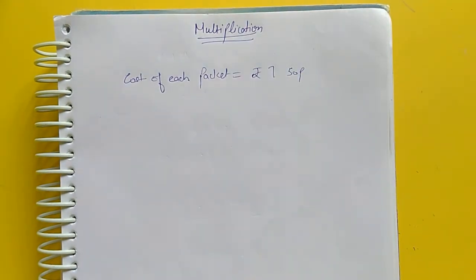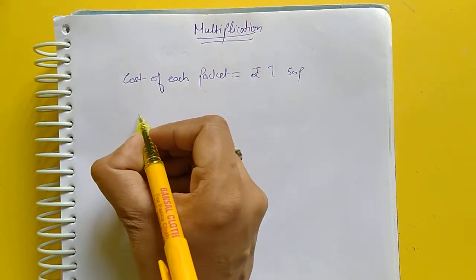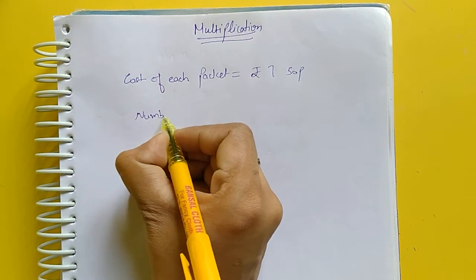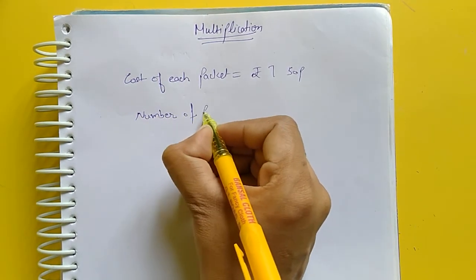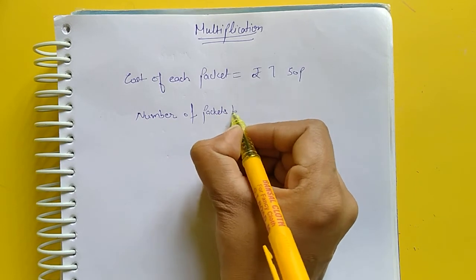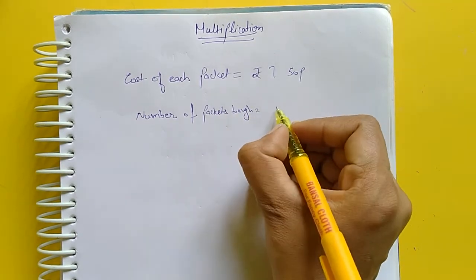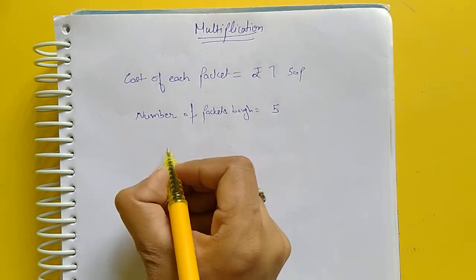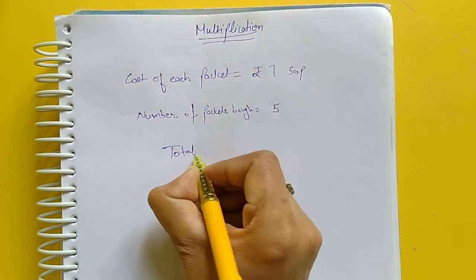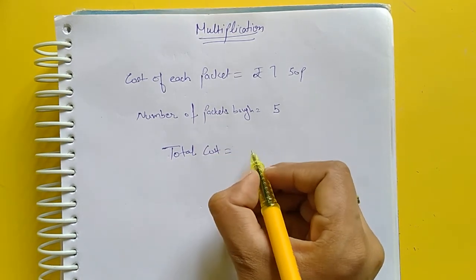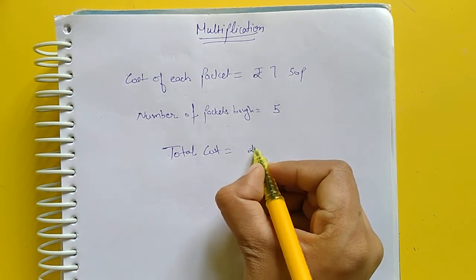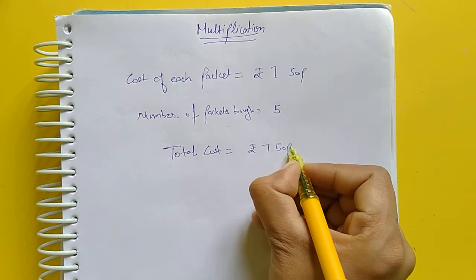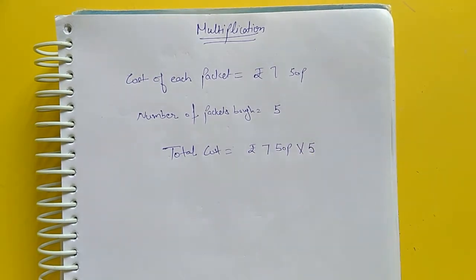Okay. Now number of packets bought equals to 5. Now find the total cost. For the total cost, we have to multiply rupees 7 50 paise into 5.